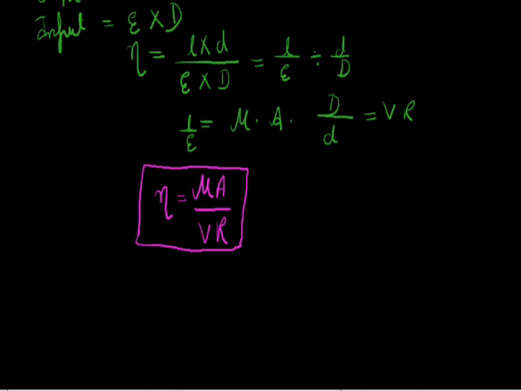Now we will discuss the lever. A lever is a rigid bar which rests on a fixed point. The fixed point on which the lever rests is known as the fulcrum. So we can define the lever as a rigid bar that rests on a fulcrum.